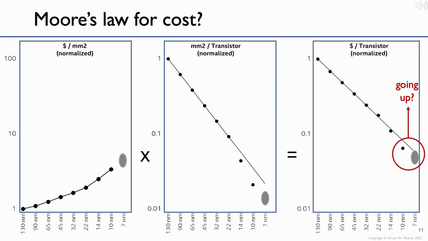Today, however, the challenges of manufacture and, as I said, reaching those physical limits mean that for the latest generations of silicon transistors, the cost is starting to go up. And so we now have cheap processors which are slightly less dense, and more expensive silicon processors that are more dense. And that seems to be set to continue.